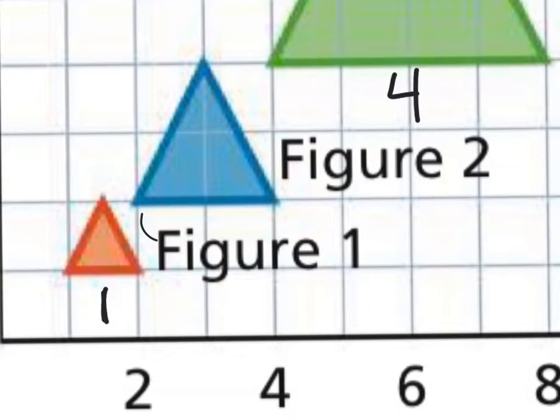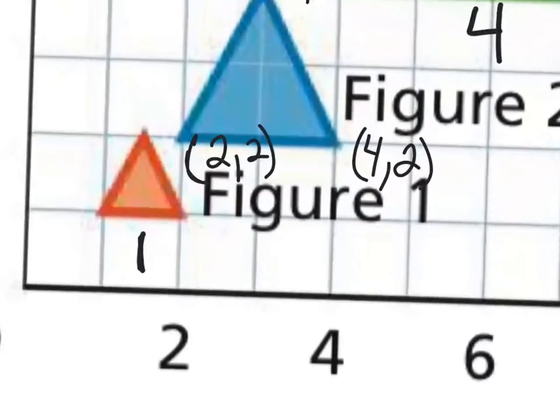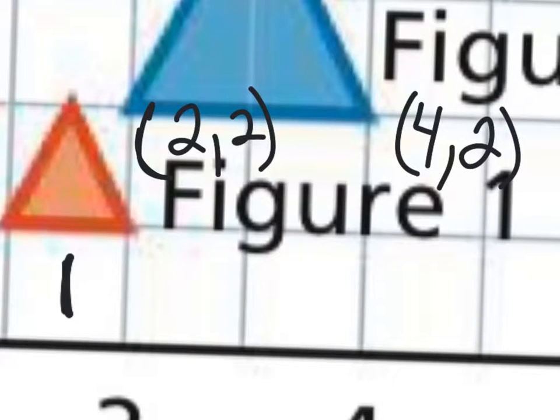Looking at the coordinates first of all, they would be (2, 2), (4, 2), and (3, 4). We're doing a scale factor of 3, which means we're going to take each one of those numbers and multiply them by 3.